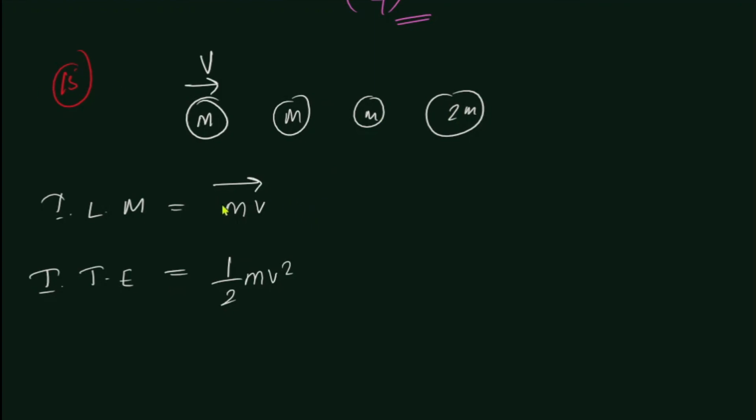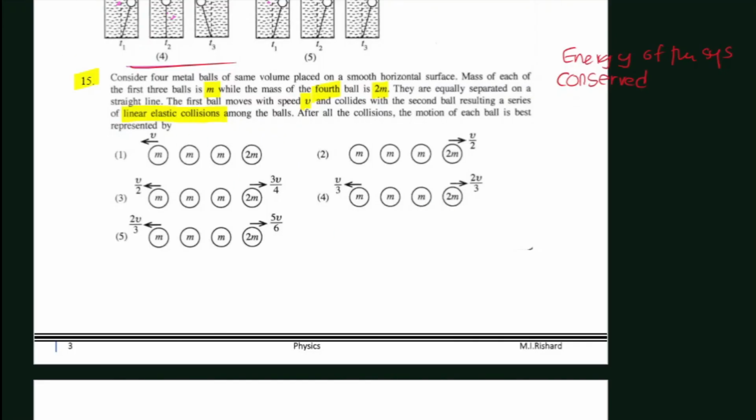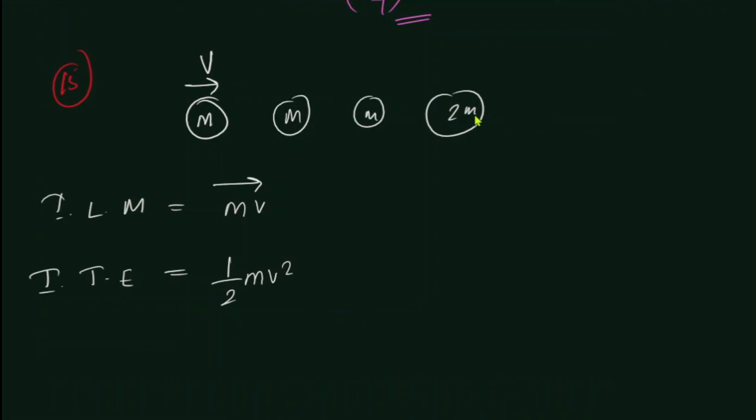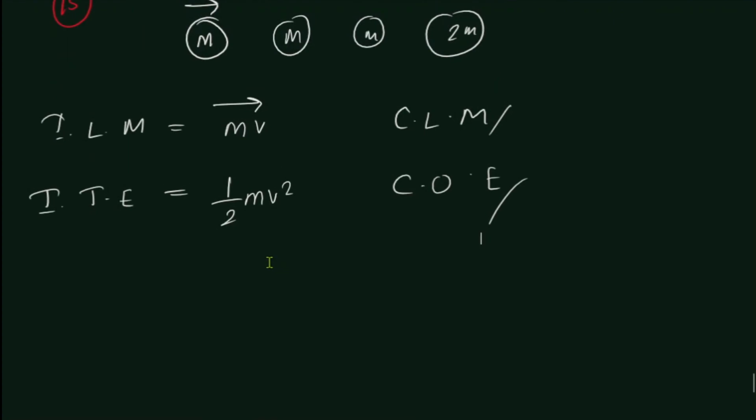Since there's no external force applied on the system, and no energy loss, since the collisions are also elastic, we can apply conservation of linear momentum and conservation of energy to the system. If we apply conservation of linear momentum, the initial linear momentum should be equal to the final linear momentum of the system.